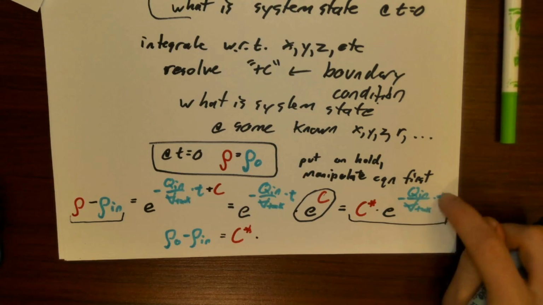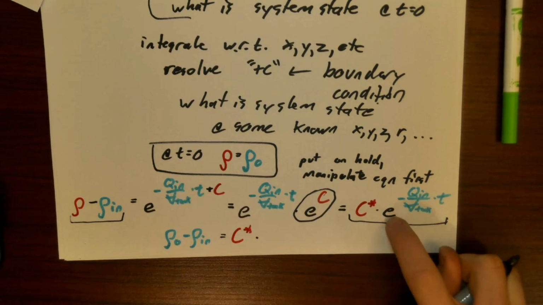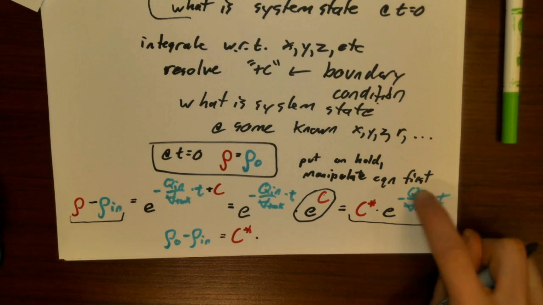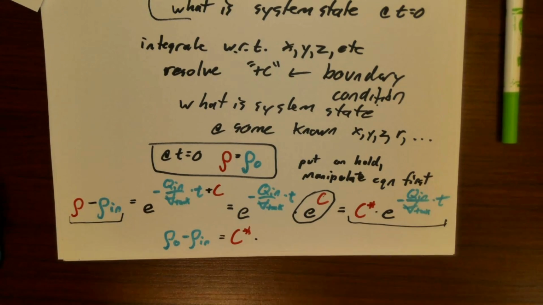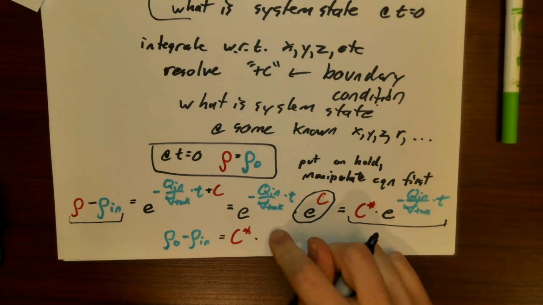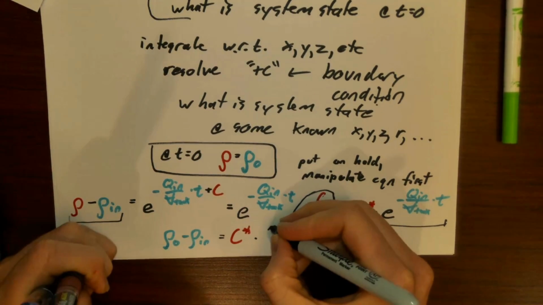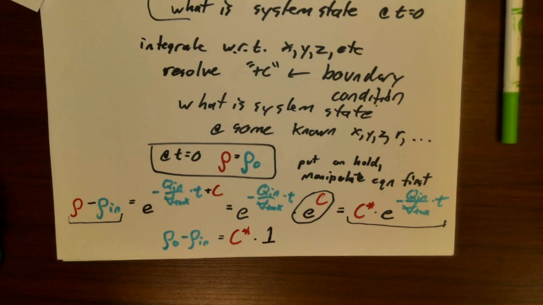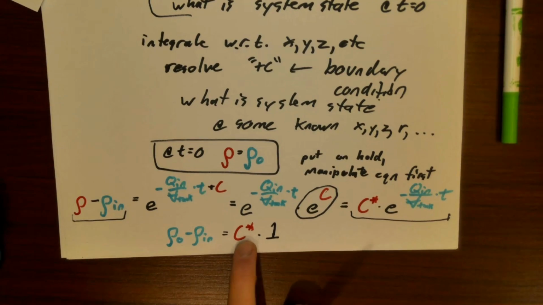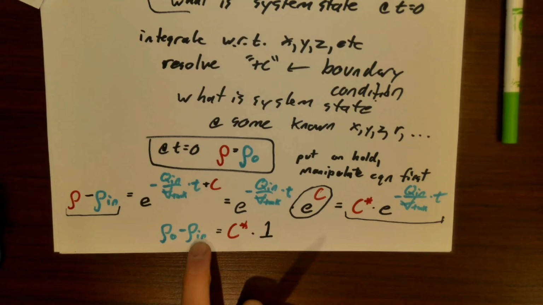We're evaluating this expression at t equals 0. So if t is 0, this whole exponent is 0. And remember, e to the 0 is, well, I suppose this could be a pause and ponder question, but e to the 0 is 1. Basically anything to the 0 is 1. So in this case, c star is equal to rho naught minus rho in.